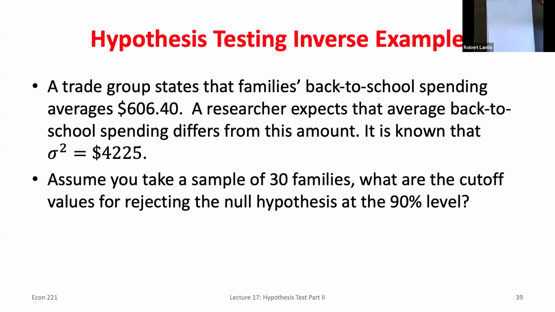So what would the very first sample mean be that if I saw it, I could reject the null at the 90% level? Okay. So I'm going to draw this out for a second, and then we'll come back to answering this. So I want to know what's the very first sample mean I could see where I would reject the null.